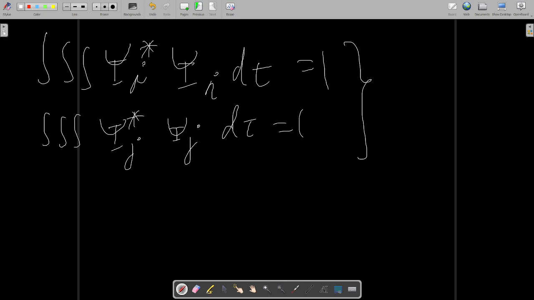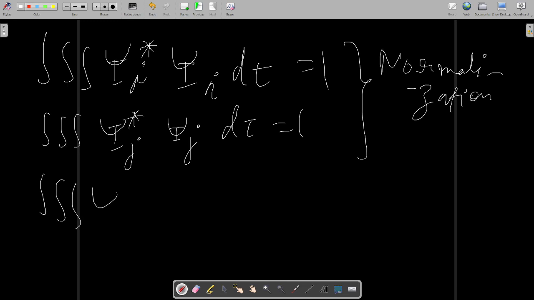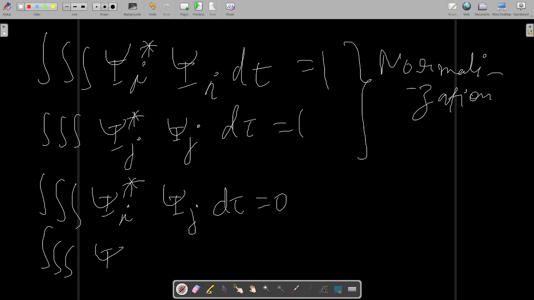This is what is normalization. Now what is orthogonality? Orthogonality is nothing but like this. This is condition number 1 and this is condition number 2.